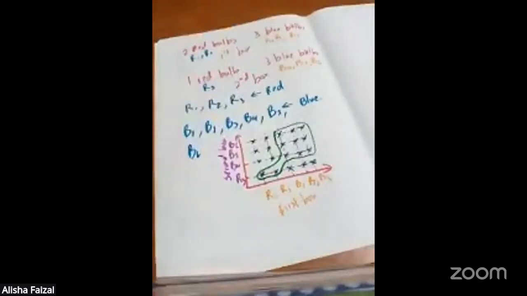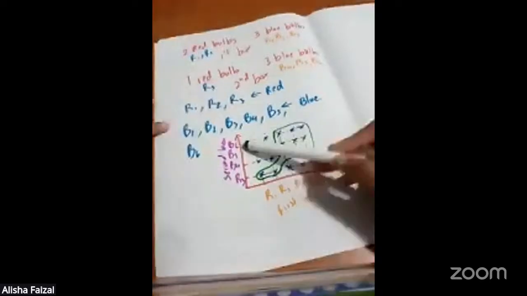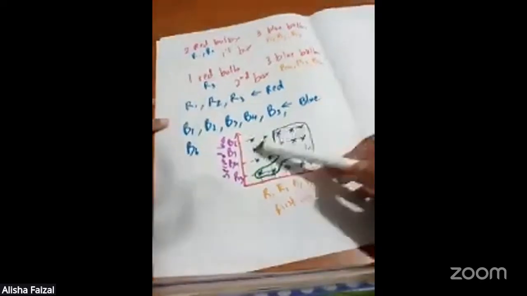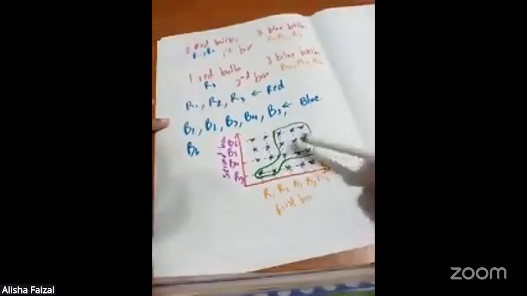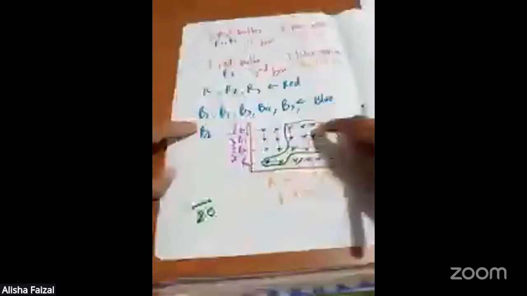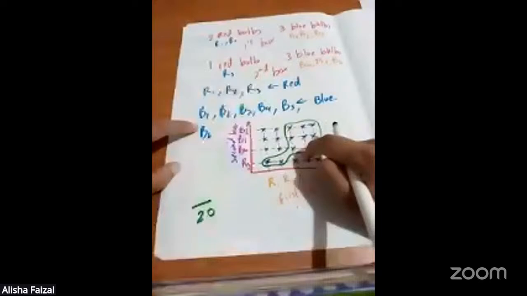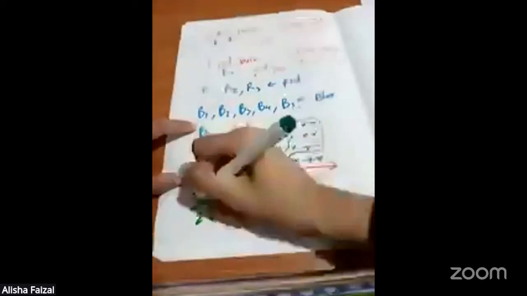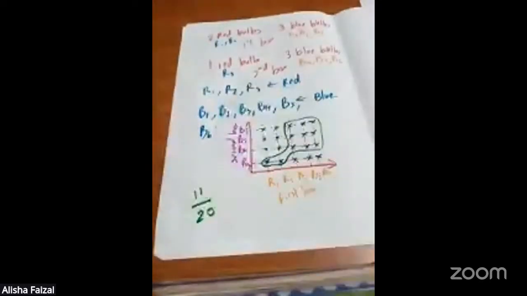Let's count the total: 1, 2, 3, up to 20. So, 20 crosses. How many are circled? 1, 2, 3, 4, 5, 6, 7, 8, 9, 10, 11. So the answer will be 11 over 20. Is there any confusion?